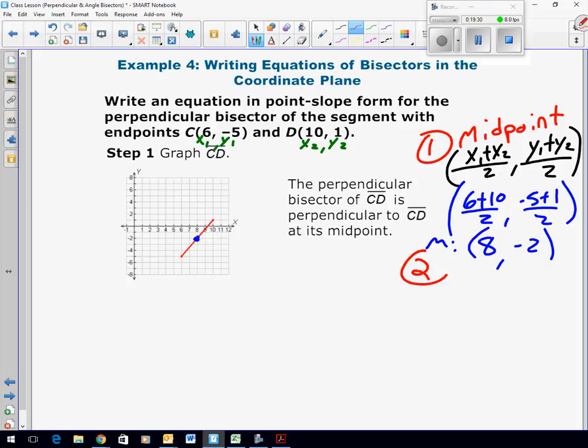Second question I got for you, Brianna. What's my slope formula? I'm waiting on you. What is my slope formula? It's in your notes.